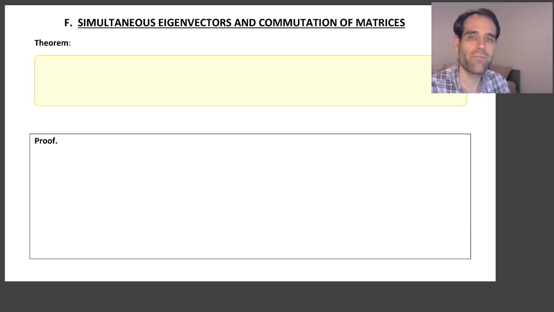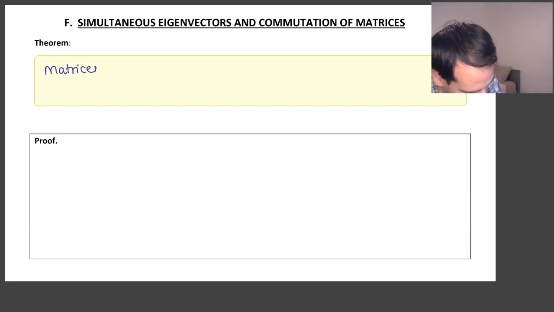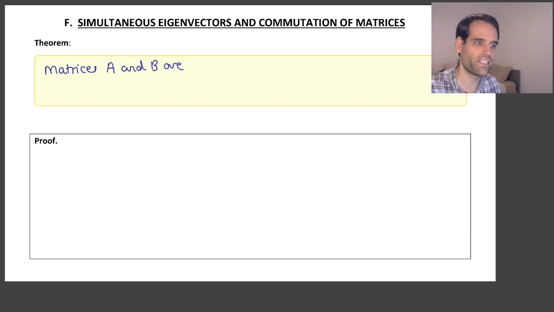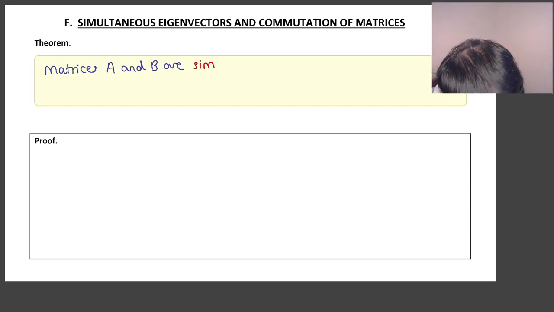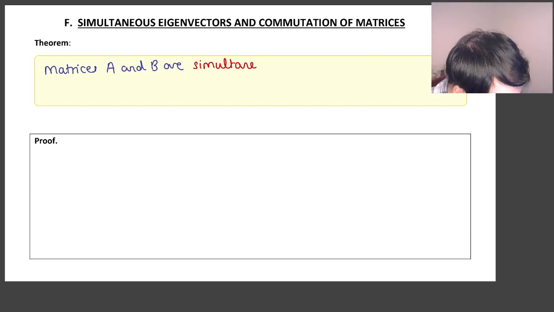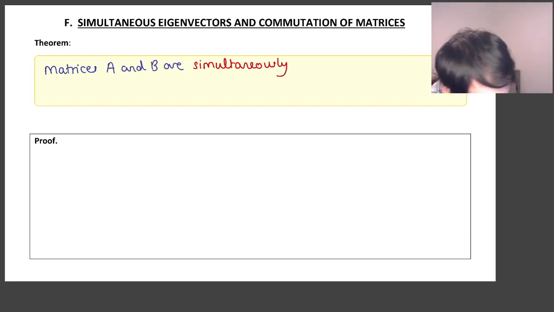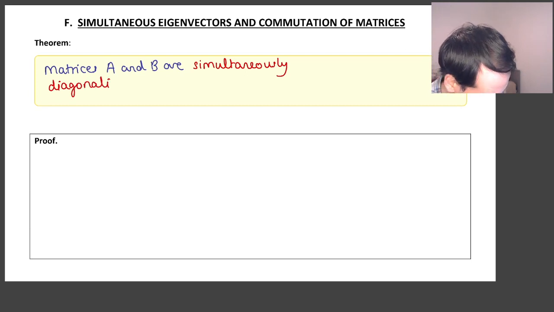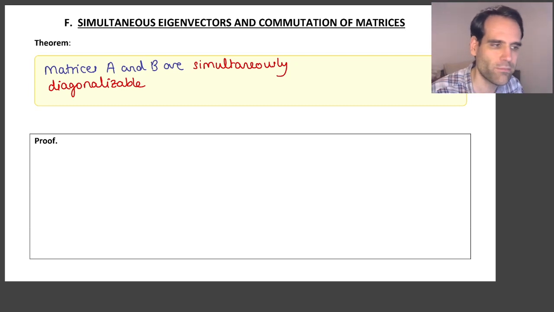So the first theorem states the following. If matrices A and B are simultaneously diagonalizable, and what does simultaneously diagonalizable mean?